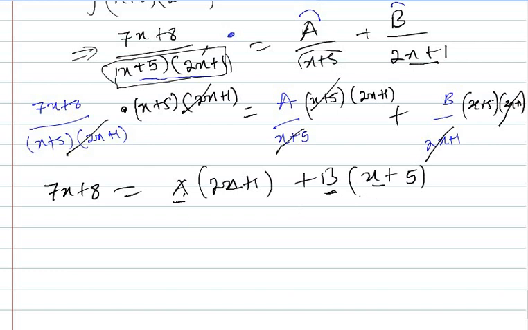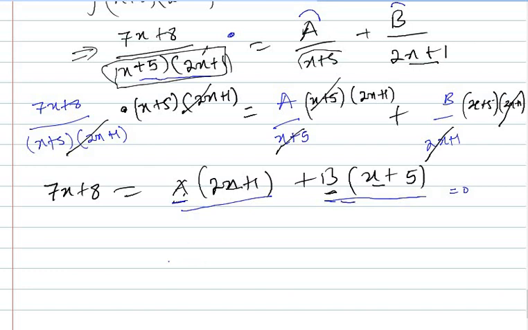If we make the whole bracket equal to 0, we should be able to find the value of a. Likewise, if we make the other bracket equal to 0, then we will be able to find the value of b.